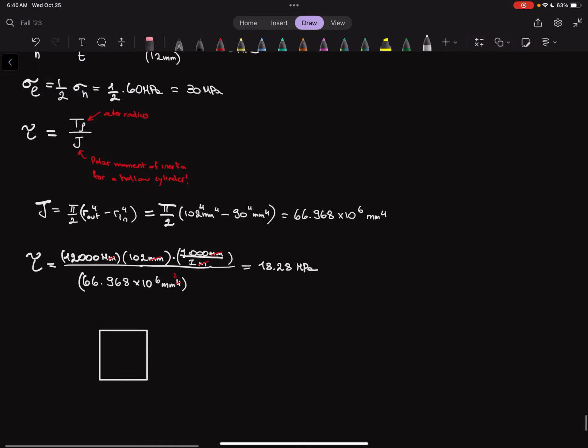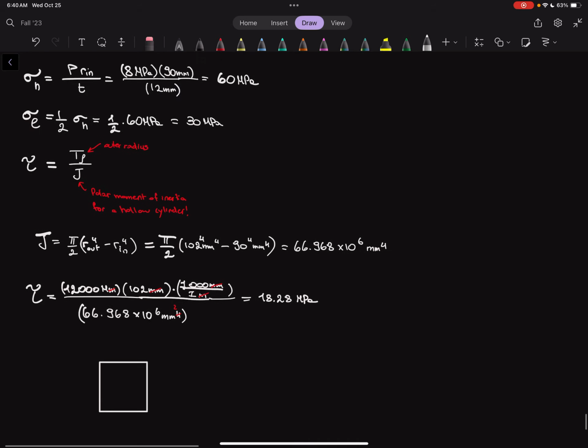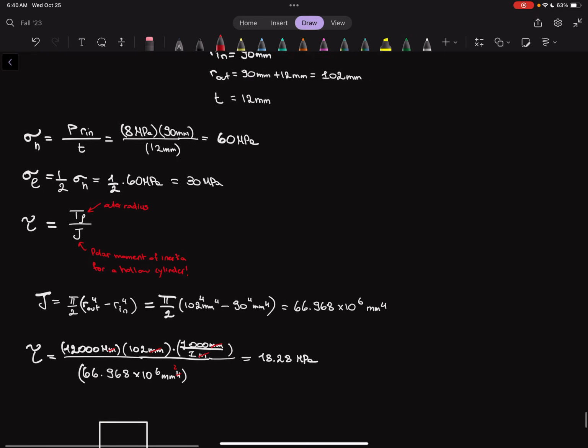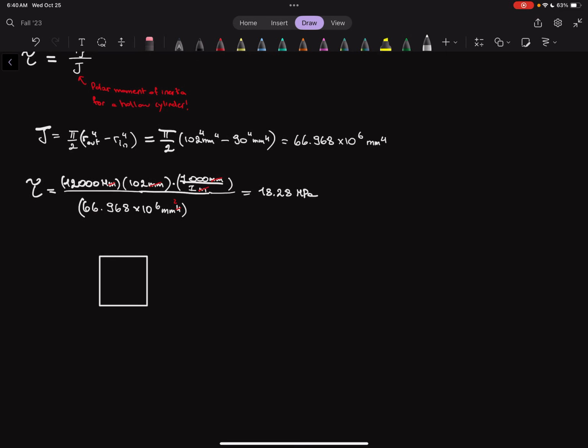And what are we going to have? Well, if you think about it, the shear is coming this way. So if my stress element's like this, my shear is going to go here. And so it must go here, here, and here.